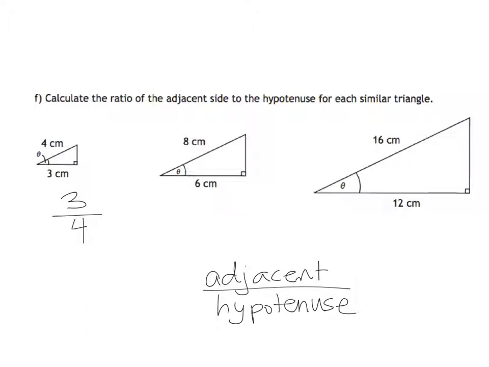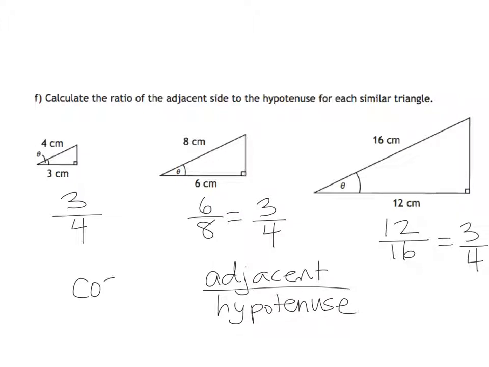In the second one, the adjacent is 6 and the hypotenuse is 8, and that's also equal to 3/4, same as the first one. The last one, adjacent is 12 over the hypotenuse 16. They're all equal to 3/4 because they're all the same ratio on similar triangles, and this ratio is called the cosine ratio. So cosine of an angle is equal to adjacent over hypotenuse.